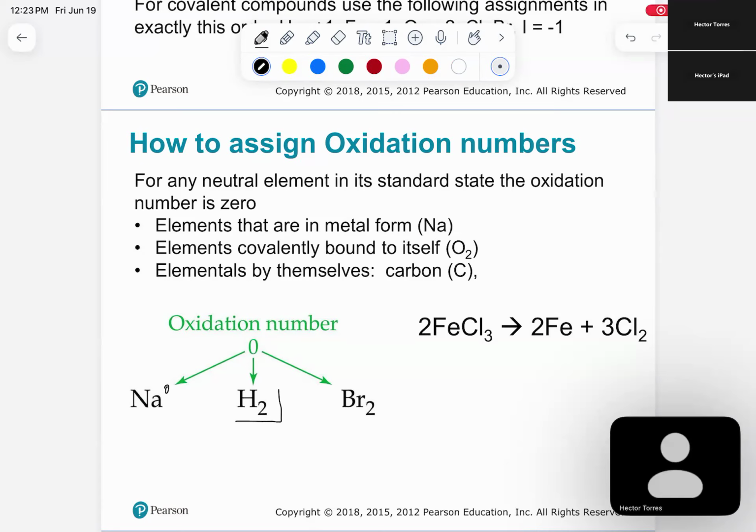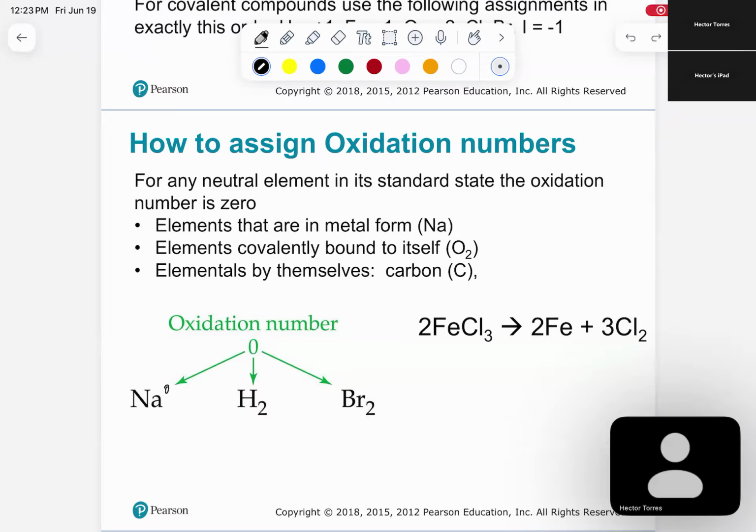If something's bound to itself, like H2, then it's also 0. These are examples of when an element or atom has an oxidation number of 0.